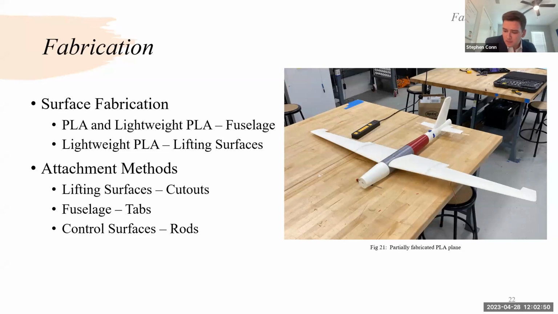And then the different sections of the wings and the fuselage were also attached with 3D printed tabs and epoxy as well. Finally, the control surfaces were installed with rods that ran through the length of the wing. And ultimately, this was changed in later iterations for the plane.